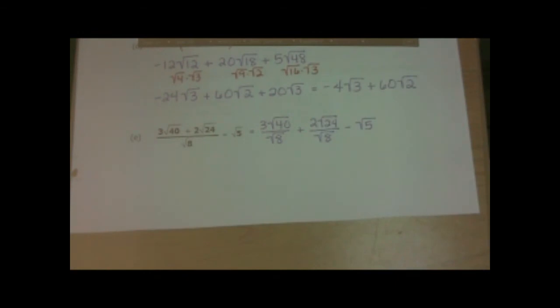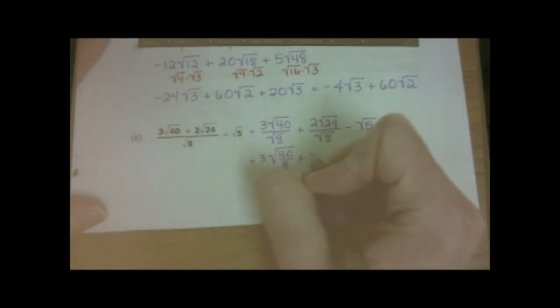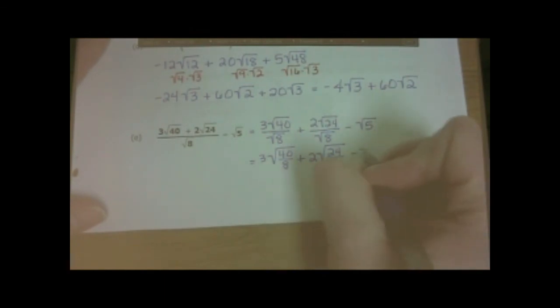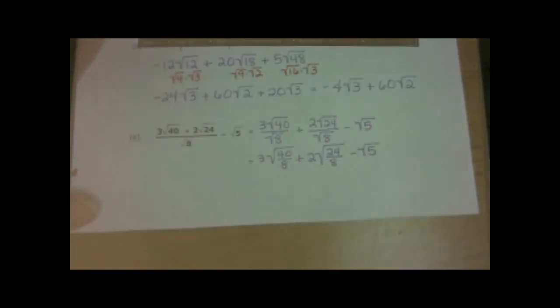Next, I'm going to use my quotient rule to put each of these under the same square root. So this is 3 times the square root of 40 over 8 plus 2 times the square root of 24 over 8 minus the square root of 5.